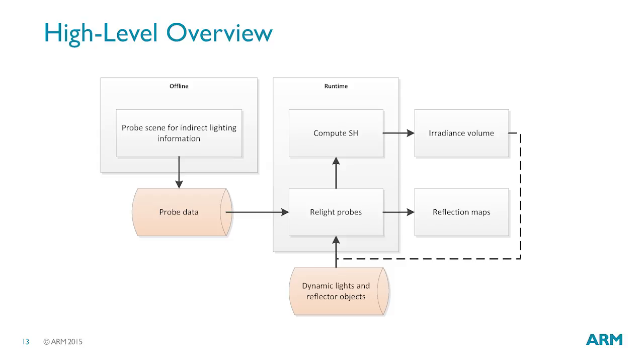And the output from the runtime is stored into irradiance volumes or a set of reflection maps if you have those mapped into the runtime. There's also a dotted line between the irradiance volume output and the runtime, and that is to support multiple bounces of light, which I'll come back to later.